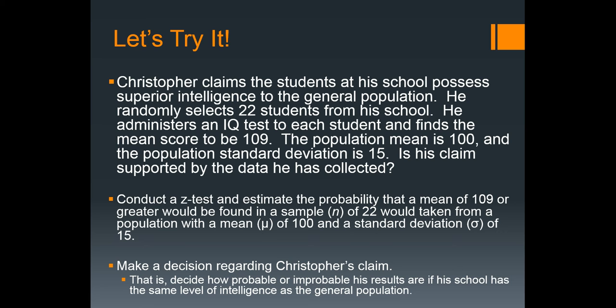So we want to conduct a z-test here. We have the information we need. We have the sample mean, which was 109. We have the population mean, which is 100. We have the population standard deviation, which is 15, and we have the sample size, which is 22. So we have the information needed to compute the z-test.